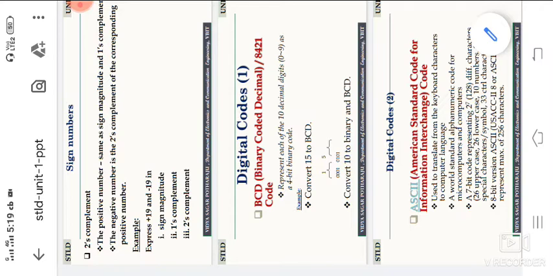Observe the keyboard in a computer system. Each computer has a separate keyboard with different characters, the letters A to Z. Each letter is indicated by a separate value, so ASCII is used to translate from keyboard characters to computer language.